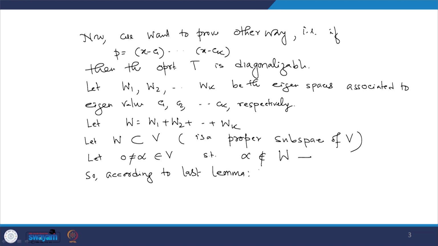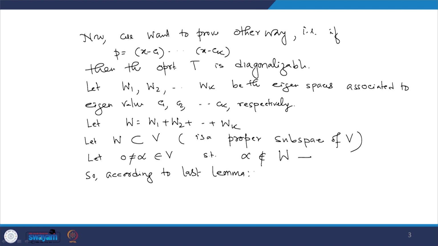If T is a linear operator defined over the finite dimensional vector space V whose minimal polynomial is a product of linear factors, and if W is a proper subspace of V such that alpha belongs to V but alpha does not belong to W, then there exists an eigenvalue C such that T minus Ci operating on alpha will be in W please.